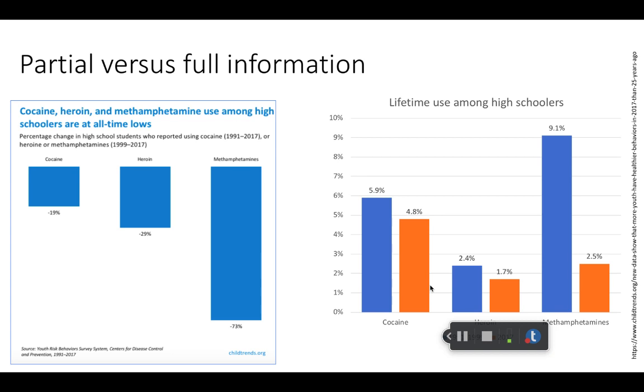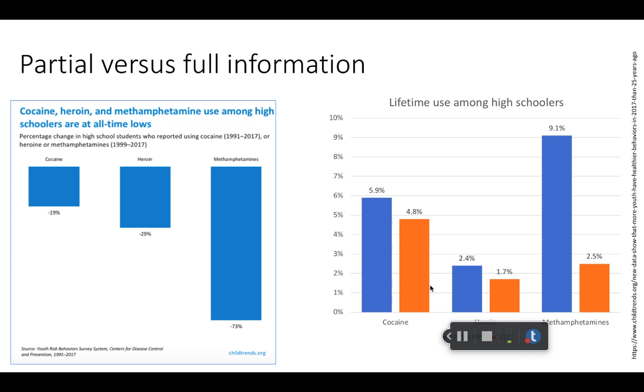So originally, cocaine use in 1991 was identified in almost 6% of the youth, and it dropped to about 5%. In contrast, heroin use in 1999 was around 2.4%, and it dropped to 1.7%.